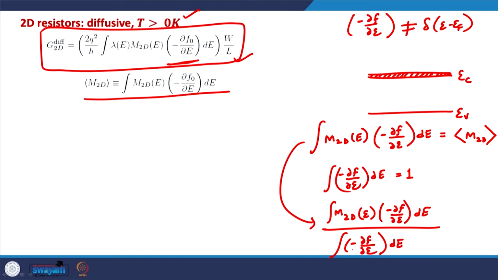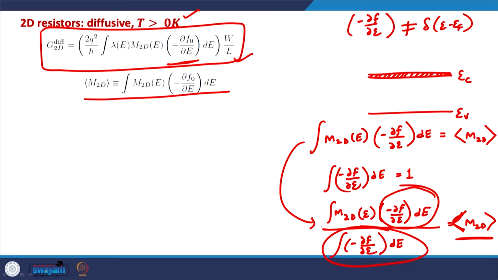So, we can always put this term in the denominator, and this is essentially the average of the function M2D(E). This average is taken over all energies in the Fermi window, and as we have discussed at some point earlier, this means that this is the number of modes averaged in the Fermi window.